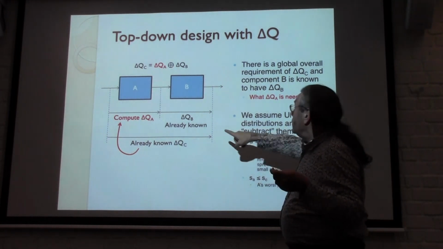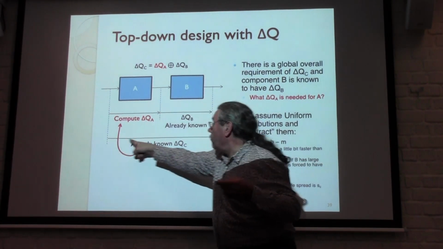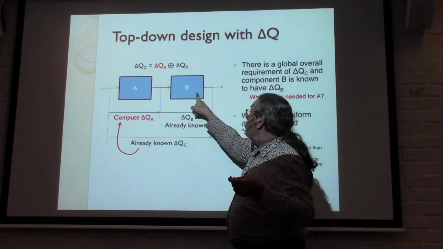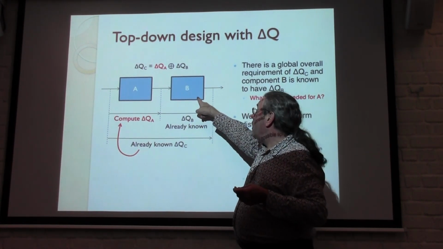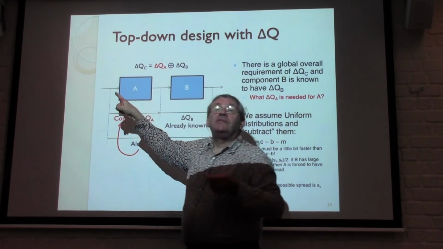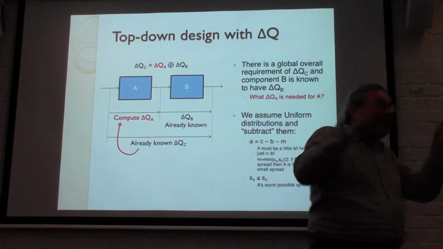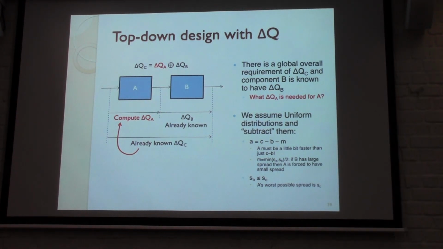So if C, the overall one, is 50 milliseconds, and this one is 30 milliseconds, then of course this one should be 20, right? Maximum. But it's not so simple, of course, because you have all these fluctuations, you see? You have to actually do the opposite of convolution, which is called deconvolution.